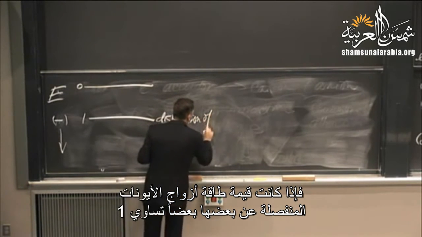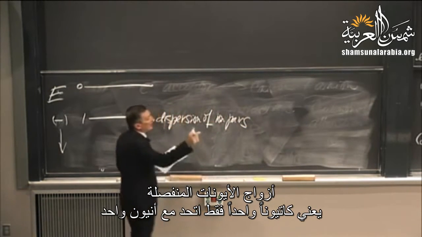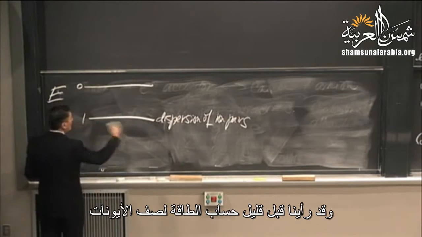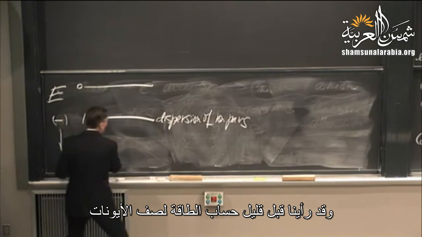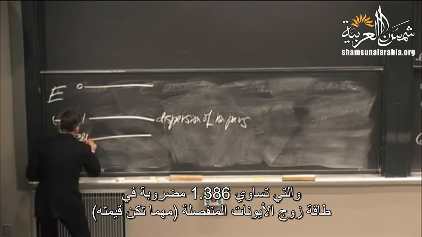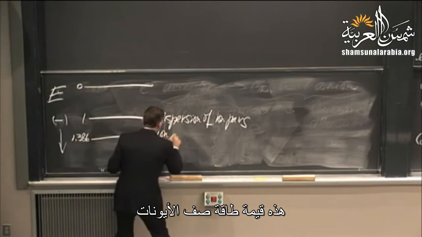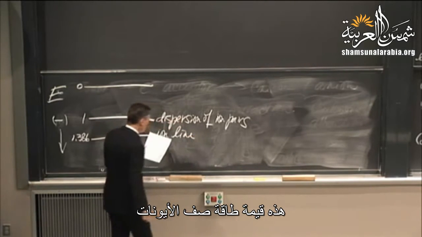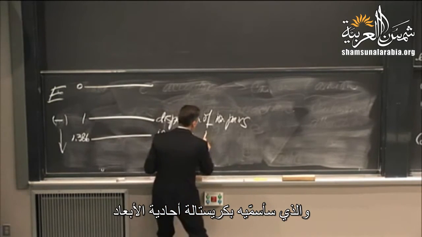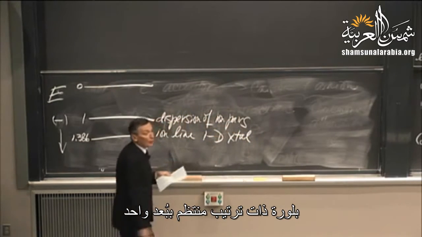Dispersion of ion pairs. So all we've done is take a cation and put it to the anion. We've just seen that if we do the calculation for the line, it's 1.386 times whatever this is. So that gives us this for the ion line, which I'm going to take the liberty of calling a one-dimensional crystal. It's a one-dimensional ordered array.